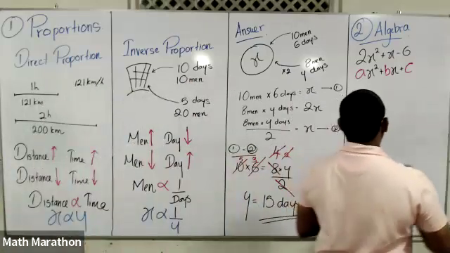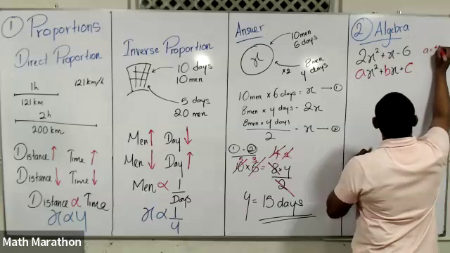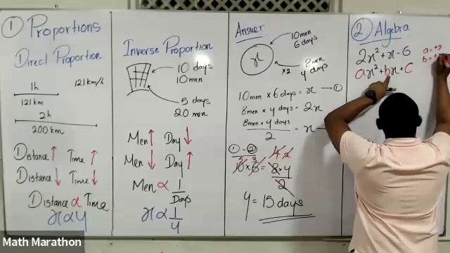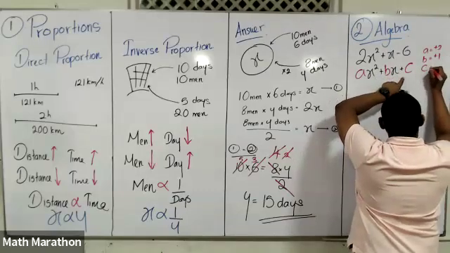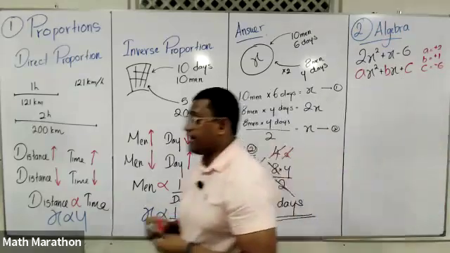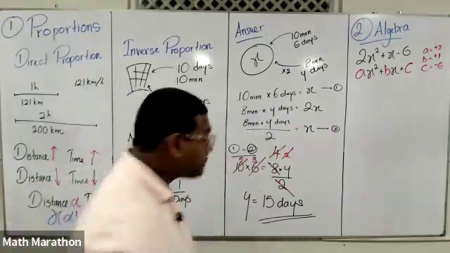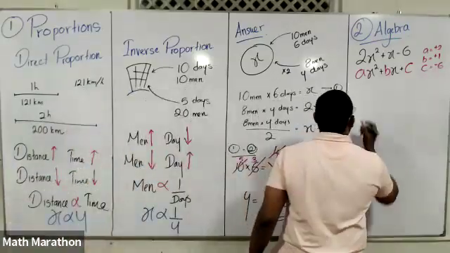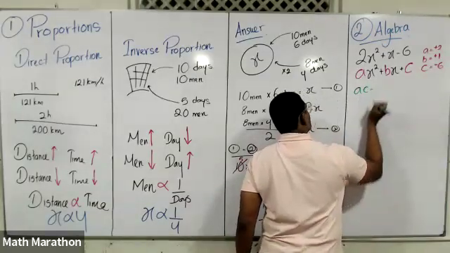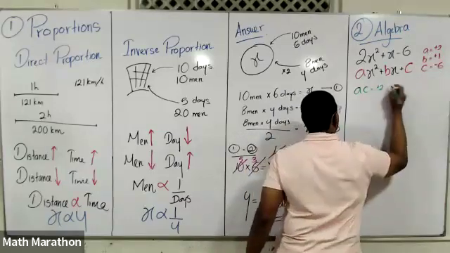Okay, so I'll identify what A is. A is plus 2. B is plus 1. C is minus 6. This plus minus is very important. Don't underestimate it. Okay. So then the next step, A is plus 2, C is minus 6.